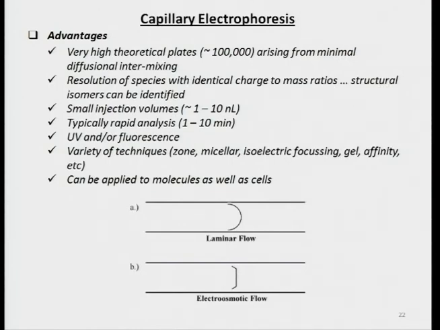Molecules kind of diffuse, and therefore baseline resolution is typically not obtained. Under electroosmotic conditions, the flow is somewhat of this sort. It's really flat, and therefore there is very little mixing. You can imagine why that is happening, because there is a push going on. This is also true significantly for UPLC, which is why you get high resolution with ultra high pressure.